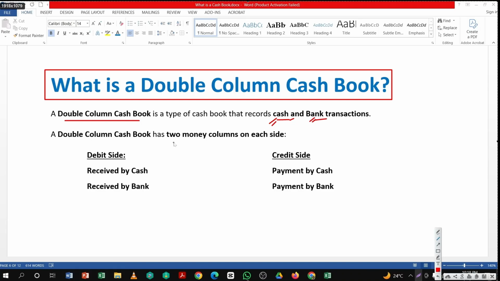A double column cash book has two money columns on each side. The debit side has receipts in cash and receipts in bank, and the credit side has payments by cash and payments by bank.